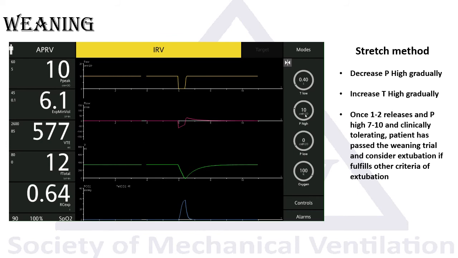But once he's on those settings and his tidal volume is still good, the patient is ready to be extubated. You don't have to switch into another mode of weaning. He already did the weaning already.